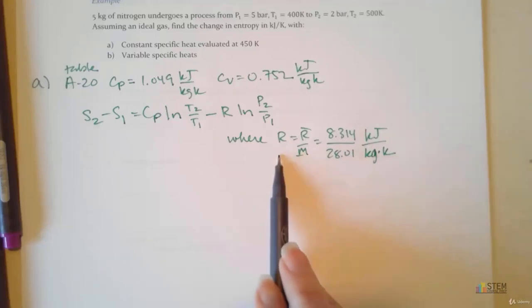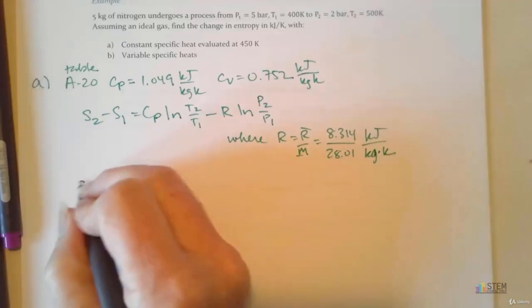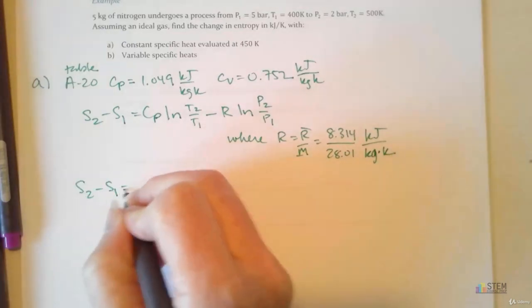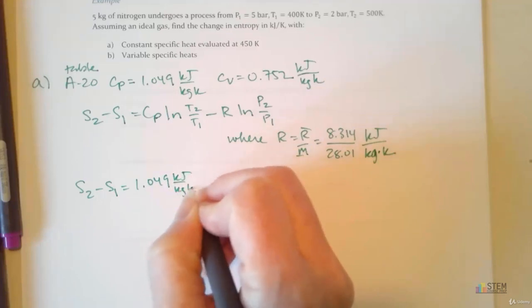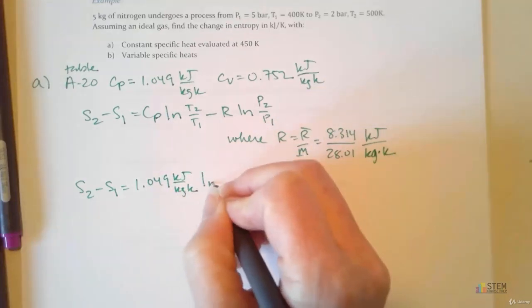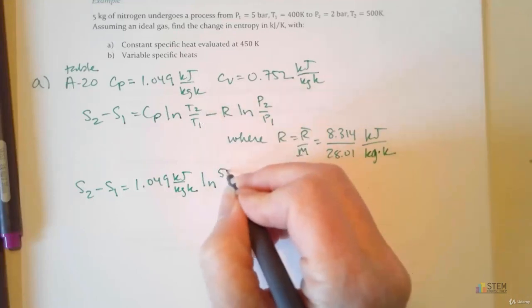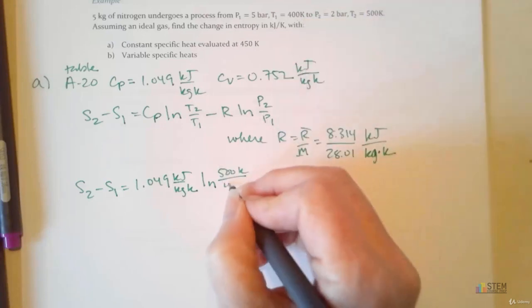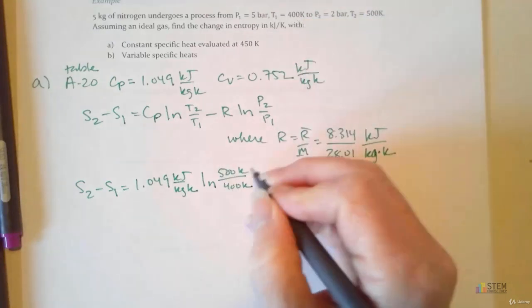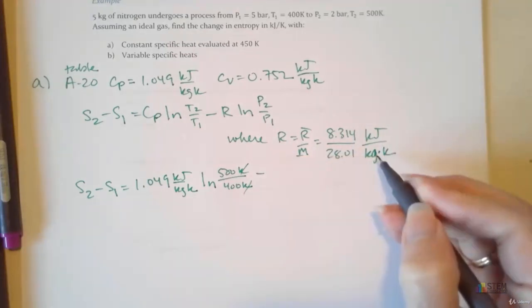Now that we've got R, we can plug in our values. So S2 minus S1 is going to be 1.049 kilojoule per kilogram Kelvin times the natural log. Temperature 2 is going to be 500 Kelvin. Put that over T1, which is 400. Notice Kelvins go away. Then we're going to have our R number.